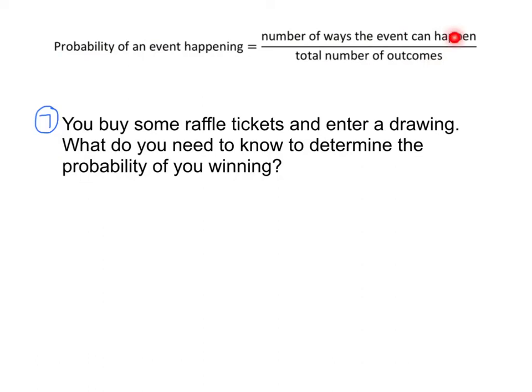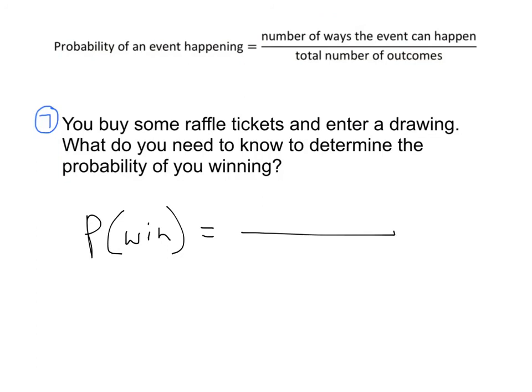If we think about this formula, the probability of an event happening is the number of ways for that event to occur divided by the total number of outcomes. So if we were trying to figure out the probability of winning, what do we need to know? We need to know 2 things, because our fraction has 2 parts.